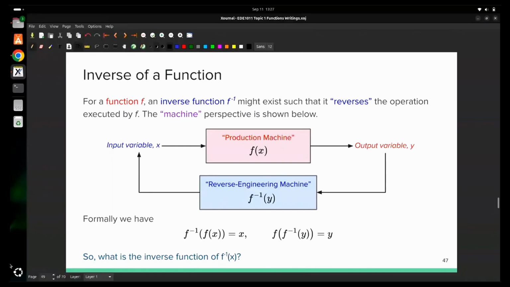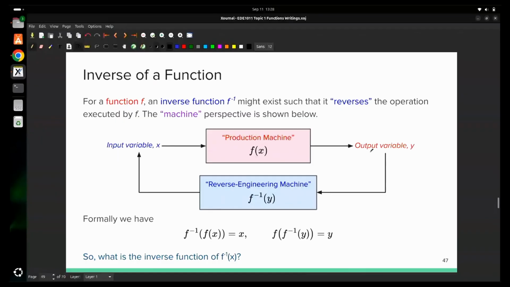So what's the function inverse? Function inverse is exactly what it says, which is like a reverse engineering process. From the input you put into a machine, f, to produce some output, let's call that machine a production machine. Input to output goes through a machine f.